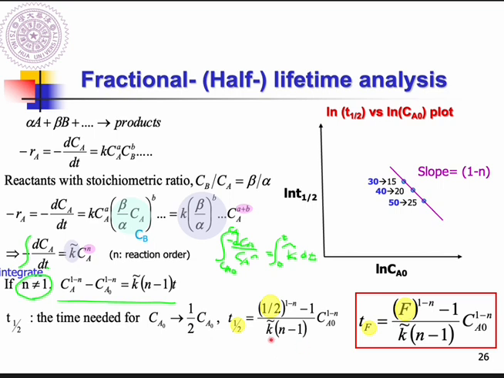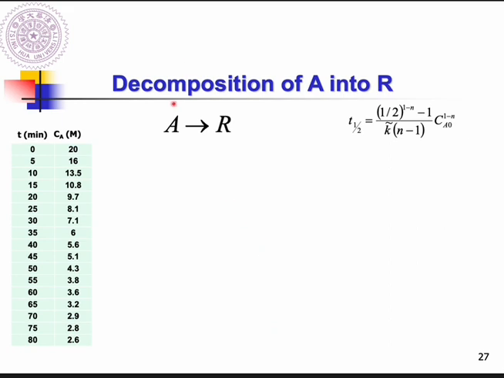Now I'm going to give you an example to show how we can use the half-life time to analyze the reaction order. We have reactant A decomposed to generate product R, and I measure the concentration of reactant A as a function of time from 0 minutes to 80 minutes.